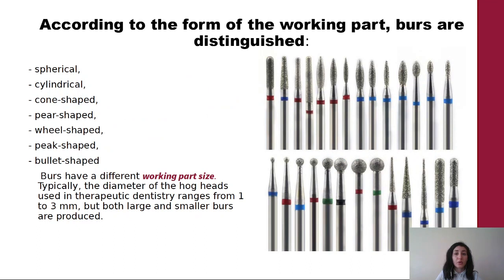According to the form of the working part, burrs are distinguished: spherical, cylindrical, cone-shaped, pear-shaped, wheel-shaped, peak-shaped, bullet-shaped. Burrs have different working part sizes. Typically, the diameter of the burr heads used in therapeutic dentistry ranges from 1 to 3 mm, but both larger and smaller burrs are produced.